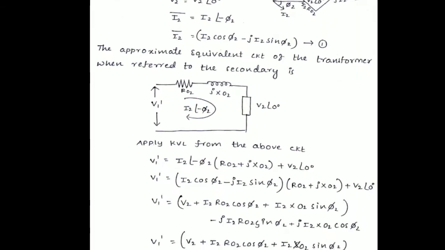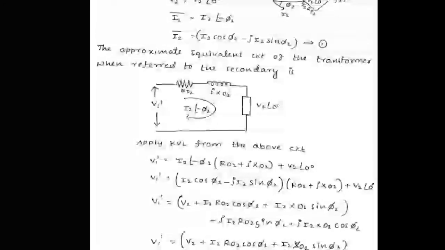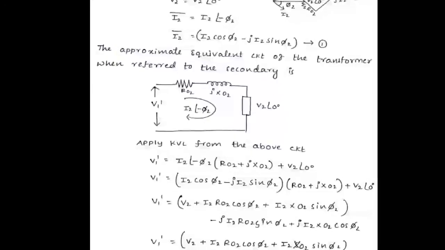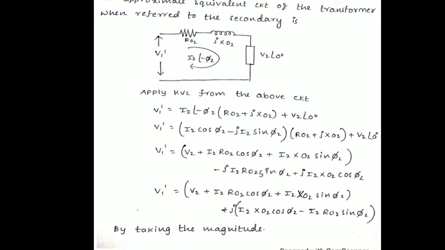Now coming to the approximate equivalent circuit of the transformer: V1 dash and R02 jX02. Here the load voltage is V2 at an angle 0, and the current is I2 at an angle minus phi 2.